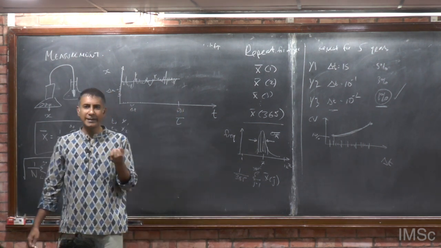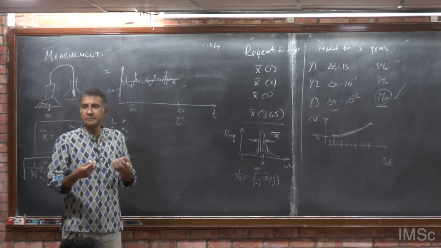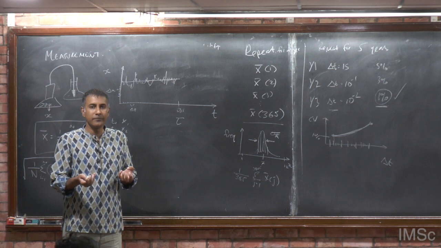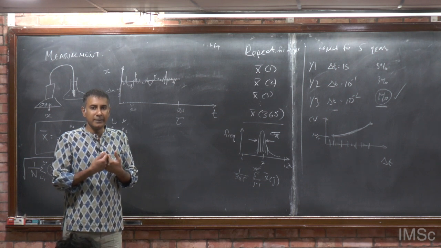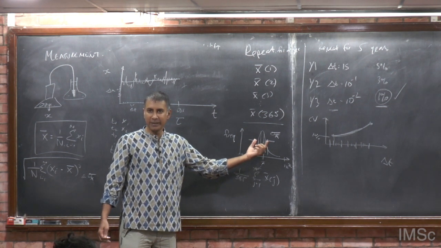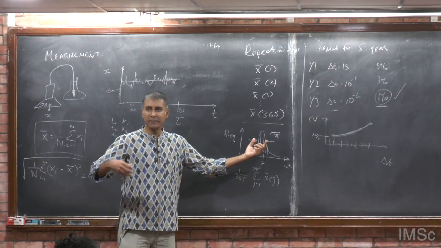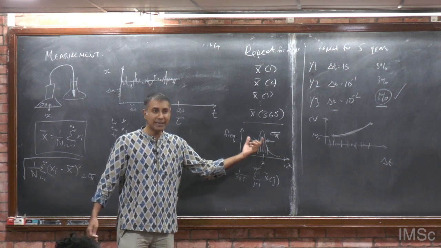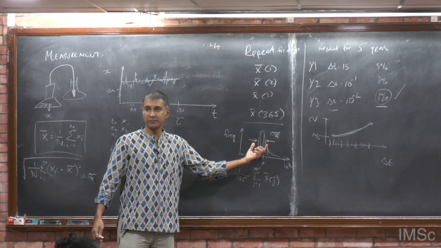For smaller and smaller values of delta t, I'm not getting the improvements I want. Why is that? Your CV on the y-axis will be constant. Right, so this thing is not becoming narrower and narrower. After a little while, right, I'm taking 100 times the amount of data, 1,000 times, 10,000 times the number of data points, but this thing is not getting any narrower. Why is that?